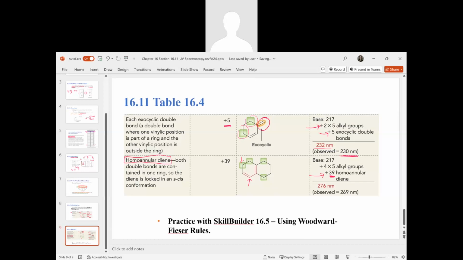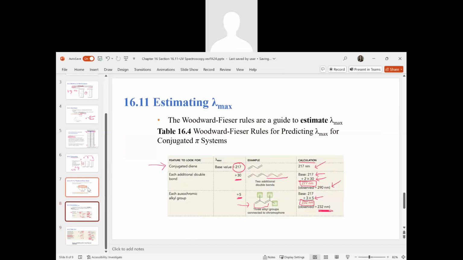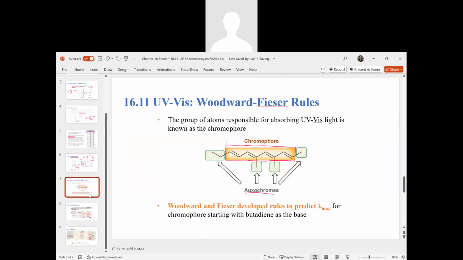And each of those auxochromic alkyl groups, 1, 2, 3, and 4, we add 4 times 5, so plus 20, plus 39 to our base value of 217. We get a predicted value a little bit higher than our observed. So you can use this Woodward-Fieser method to predict the various lambda max values for compounds.